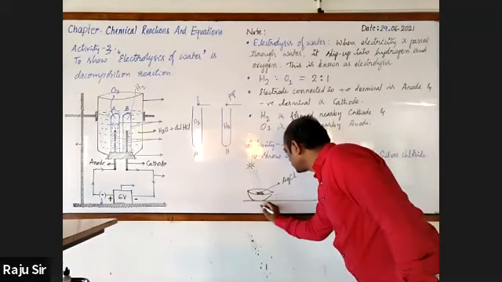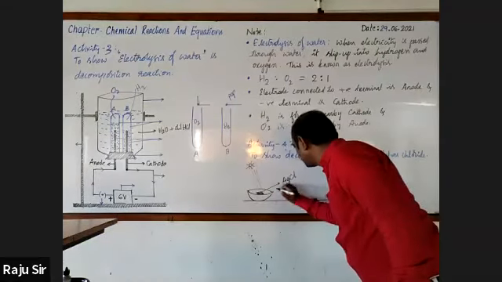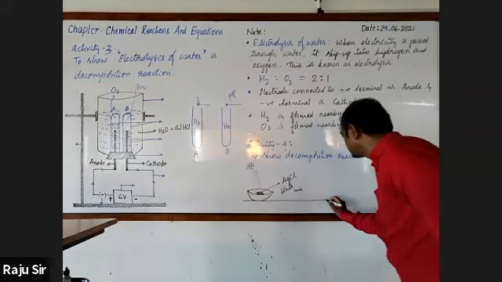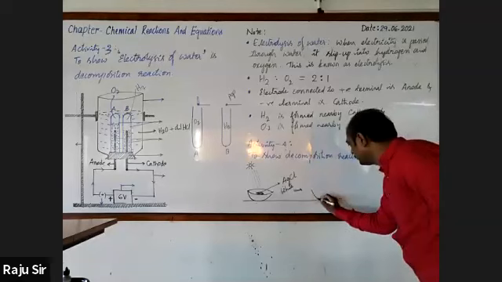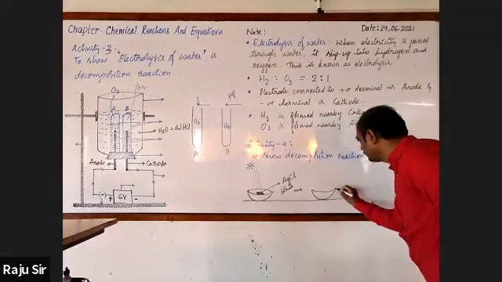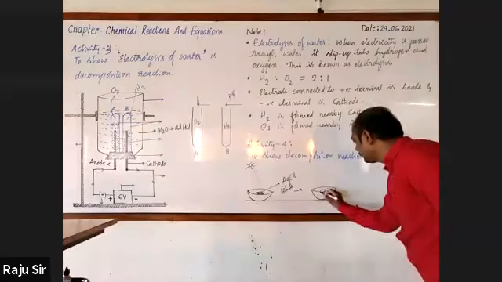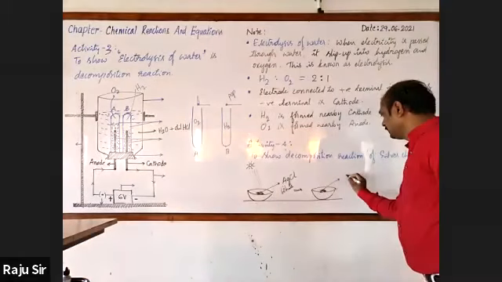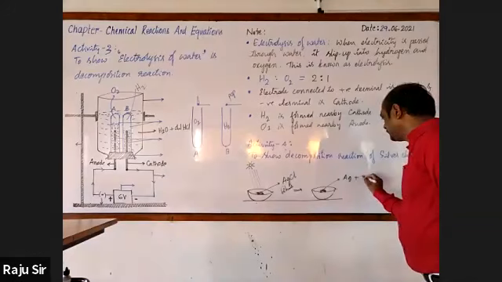Its color is gray: it is white, then turns gray. Here I am writing, this is the china dish. In that a gray colored residue will remain. It is Ag plus Cl.